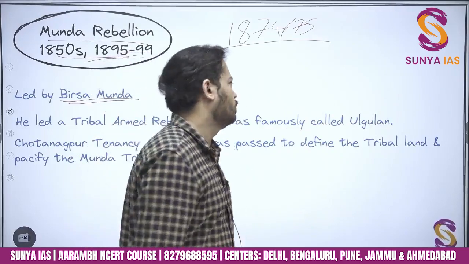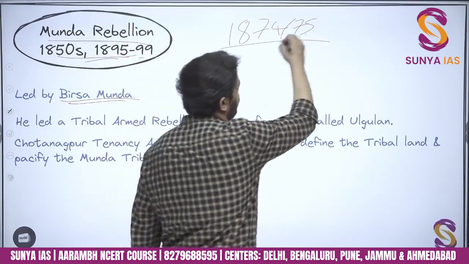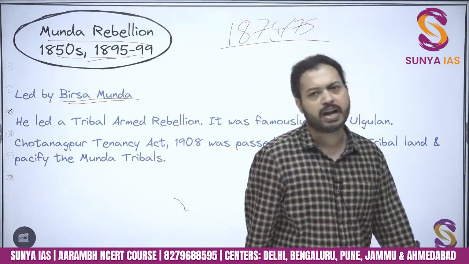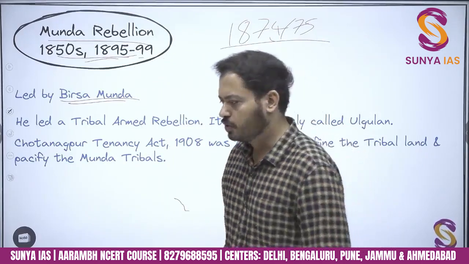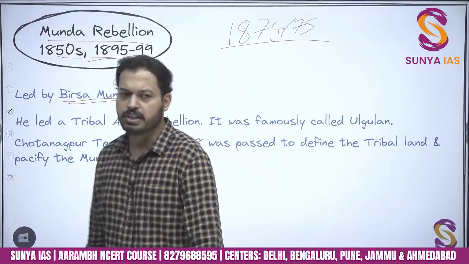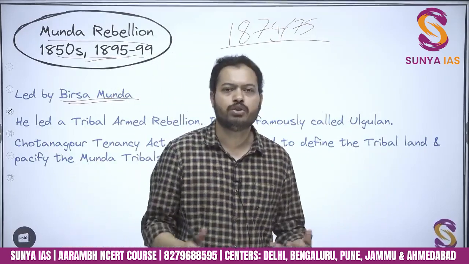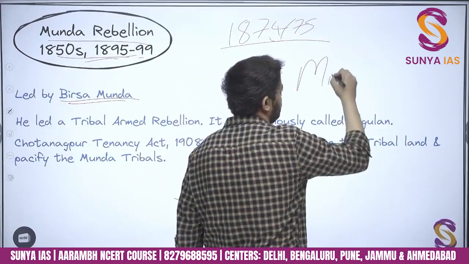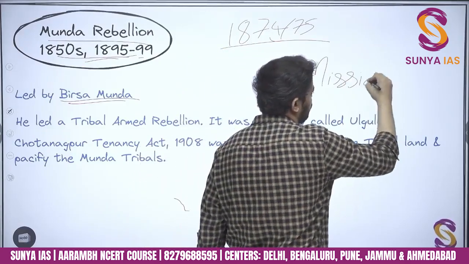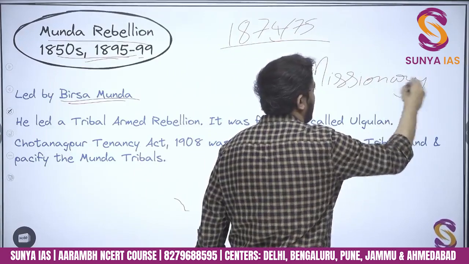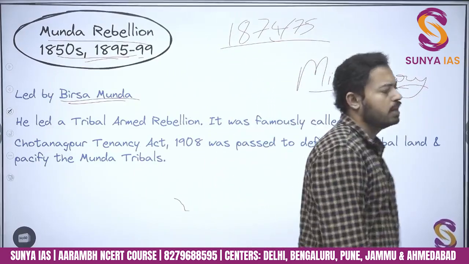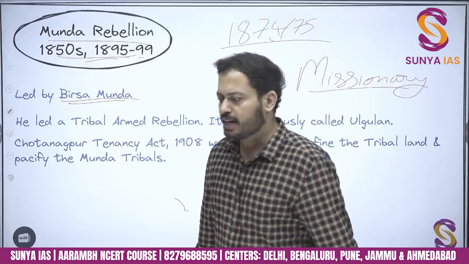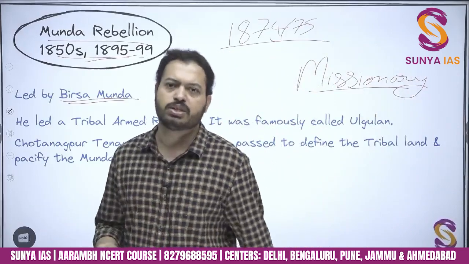Birsa was born in 1874-75, and in his young age he was the first among his community to be enrolled in a missionary school. A missionary school is a Christian Catholic school, and there Birsa got his first idea of this new religion, Christianity.